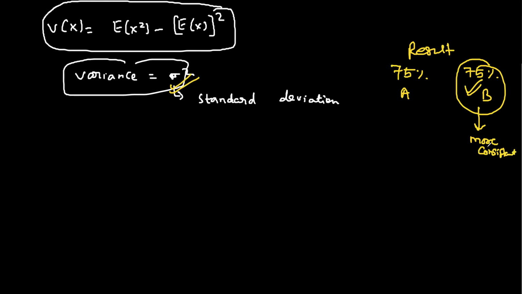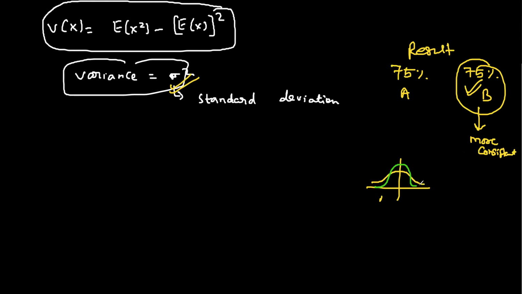What do you decide? Because when you see the variance of each person, this is the graph of person A, yellow color, and the graph of person B is this.